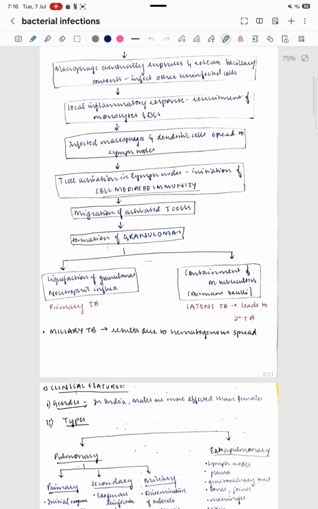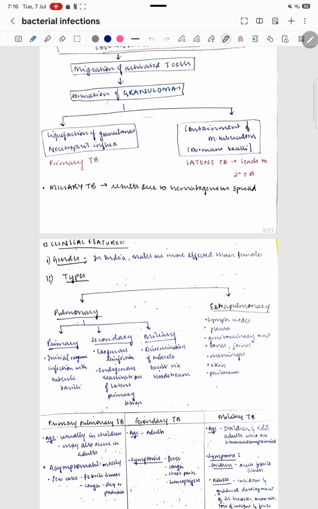Now miliary TB results due to hematogenous spread. We will see what miliary TB is and how it occurs.